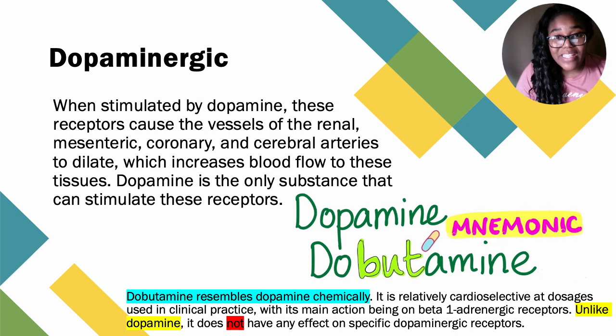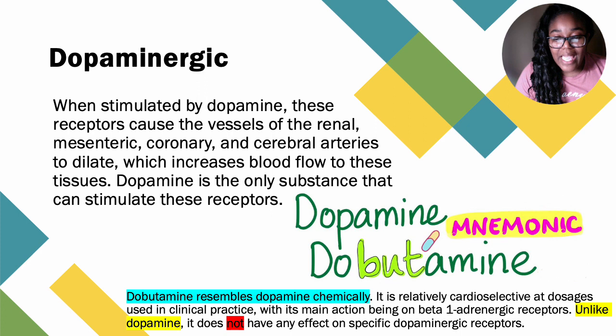So it's similar chemically, it stimulates similarly, but the thing is that it does not activate that dopaminergic receptor. So do not get that confused. You have dopamine that stimulates dopaminergic receptors, but you have dobutamine, which does not stimulate those dopaminergic receptors. So that would be the difference.